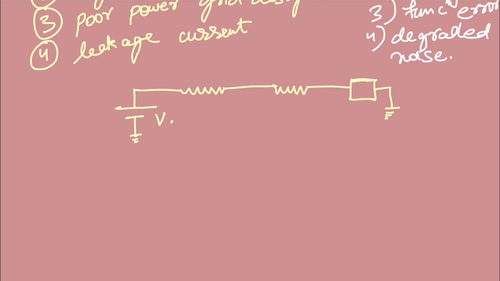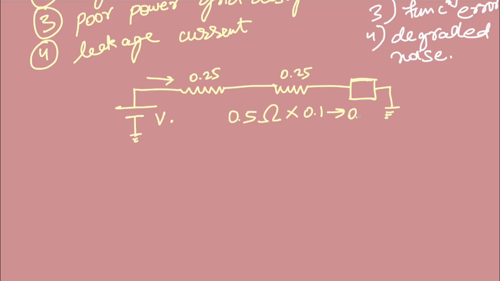So in the metal there will be some resistance, because of which there will be some drop. In this case, the resistance is 0.25 here and 0.25 here, which adds up to a total resistance of 0.5. Let's say the current drawn is 100 milliamps, or 0.1 amps. Basically, in total it amounts to a 0.05 volt drop.